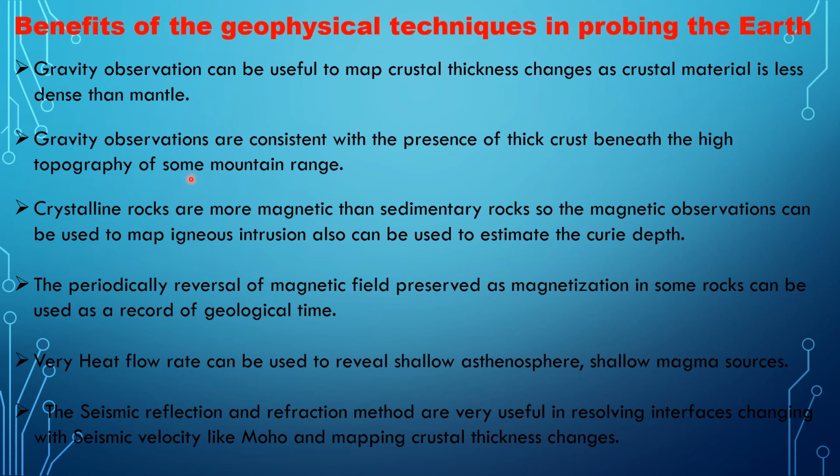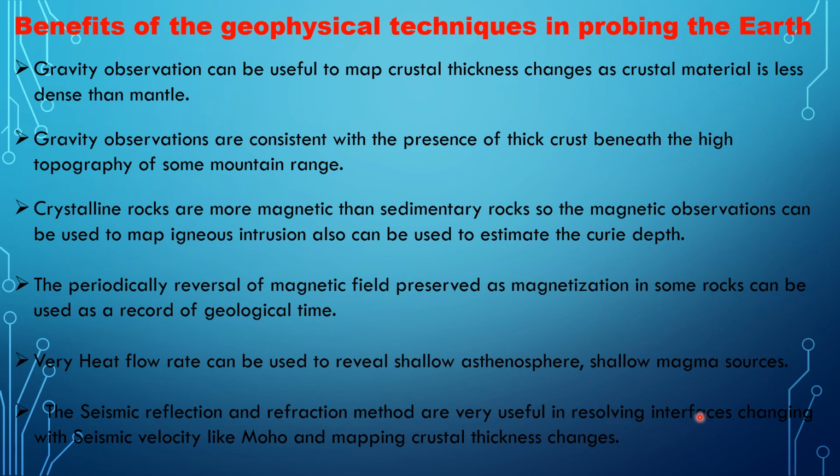But let me tell you one thing: gravity and magnetic fields are potential fields. So the strength of the field decreases gradually as we move away from the sources. Sometimes these methods are weak compared to very strong techniques like seismic reflection and refraction. The reflection method is very useful in resolving interfaces.